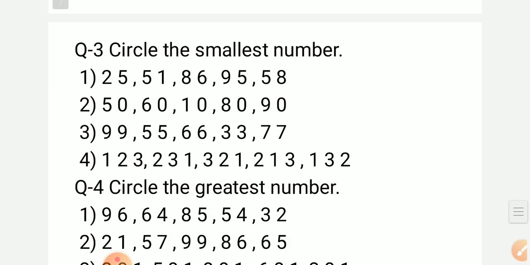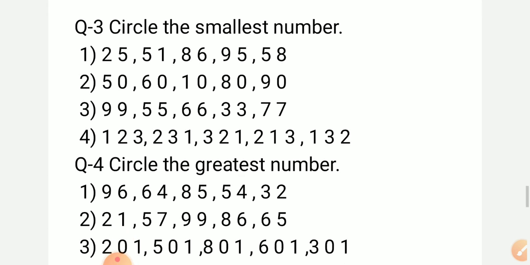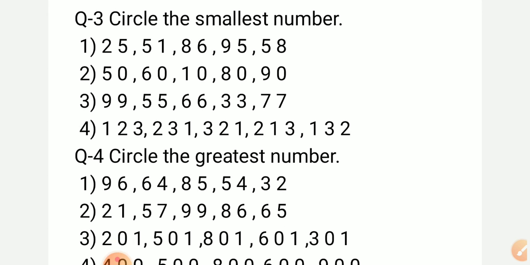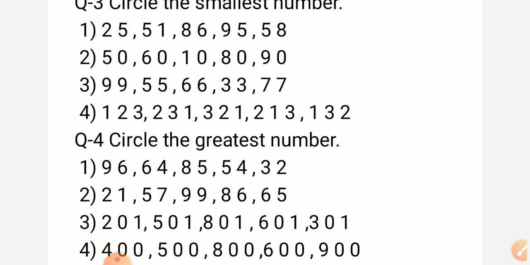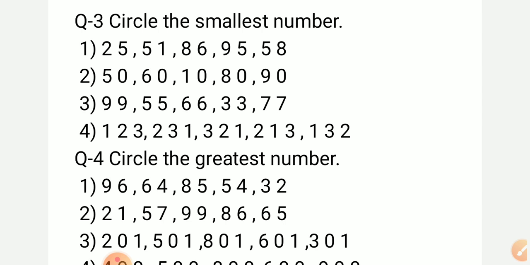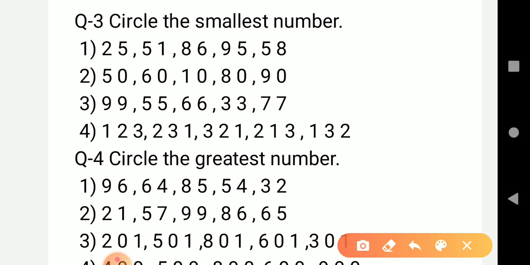Now circle the smallest number and circle the greatest number. Look at the first one: 25, 51, 86, 95 and 58. Now tell me, which one is the smallest number of the given numbers?